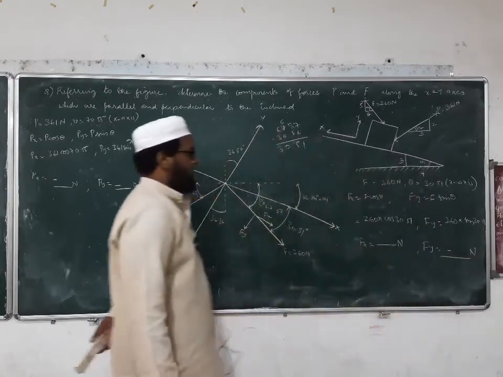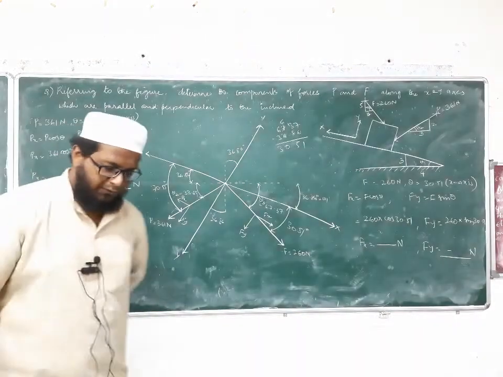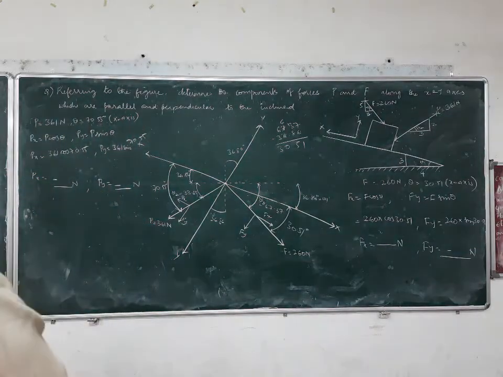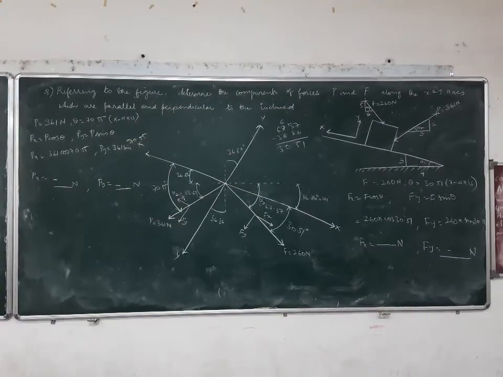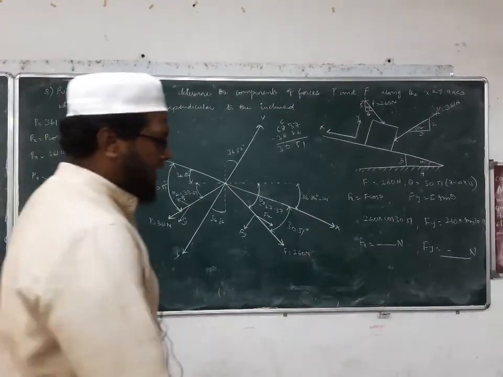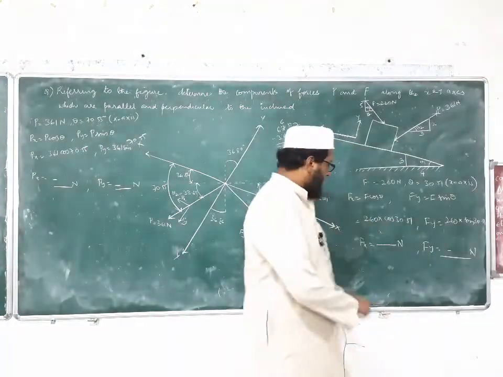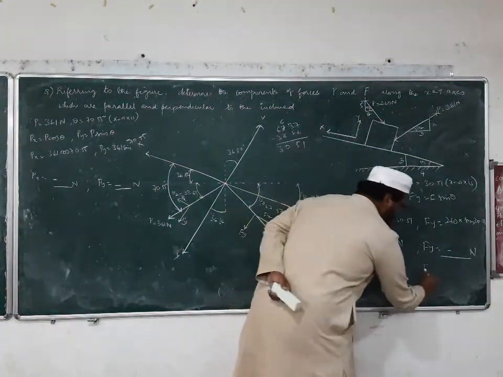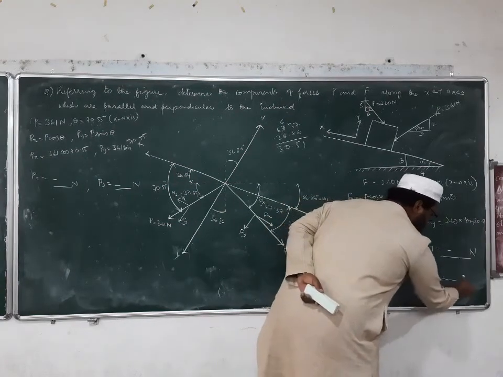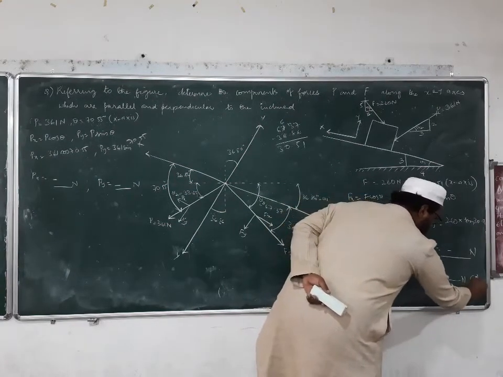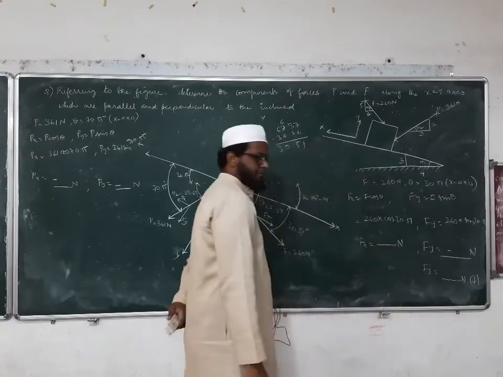Okay, this is how we calculate our components of forces. You can copy down. And one more thing, instead of writing this minus sign, we can write Fy is equal to some value, and in brackets we can write downward direction.